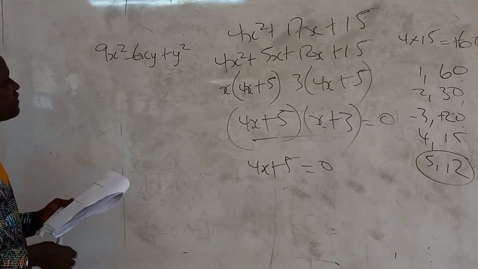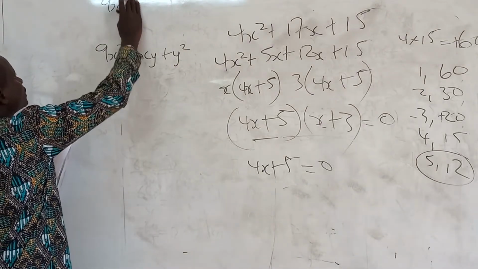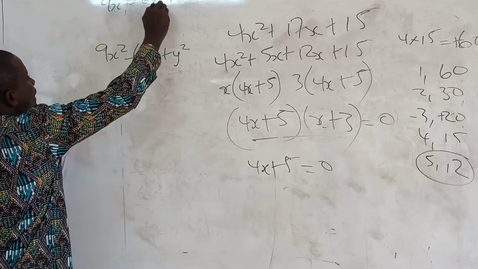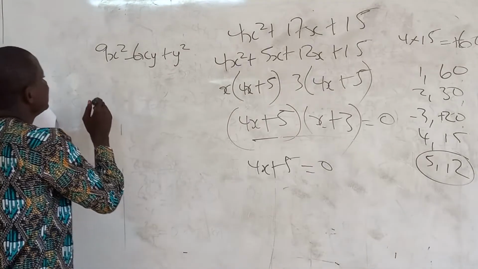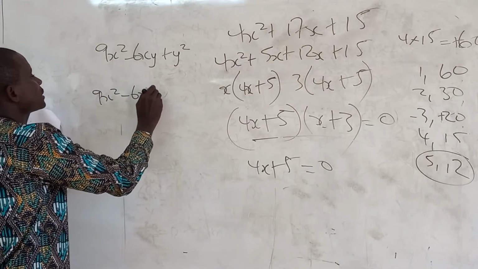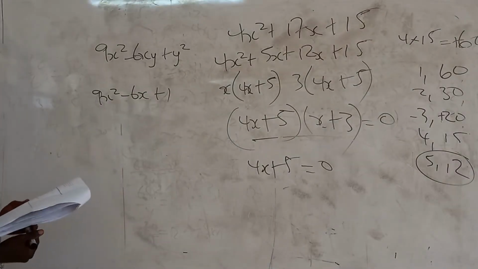So in that case, in fact, it is similar to 9x squared minus 6x plus 1. It is similar to this. Look at it carefully.